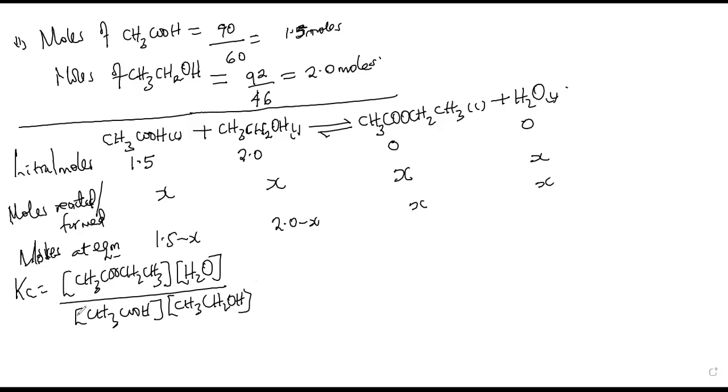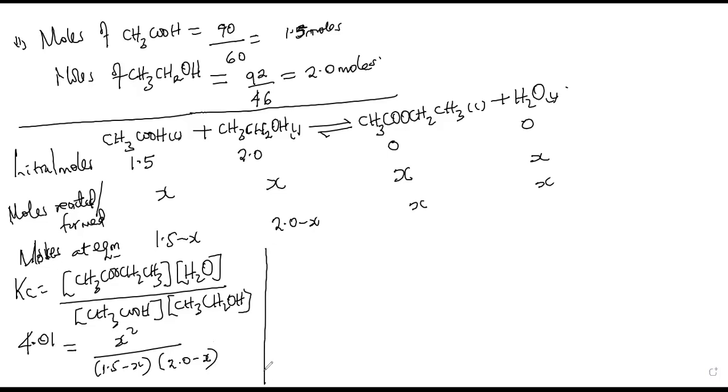But we already have the Kc as 4.01, equaling to, now, these are X. We use moles at equilibrium, so it will be X squared over 1.5 minus X times 2.0 minus X.